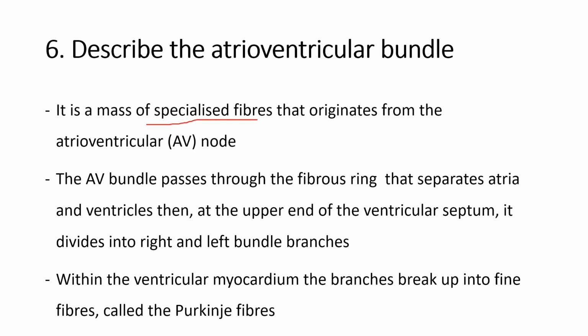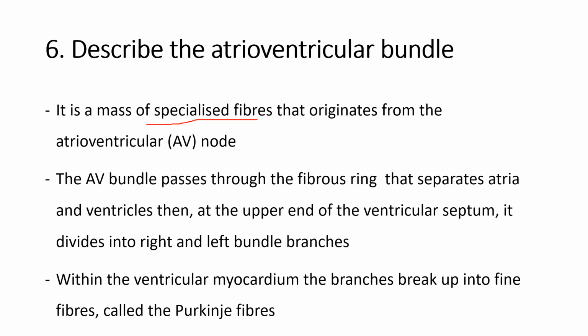All right, you need to know where to find the atrioventricular node. When you're talking about the sinoatrial node, there is a transmission of the impulses and all that, so it's very important for you to visit your book and understand this. The atrioventricular bundle passes through the fibrous ring that separates atria. Atria means two atrium.